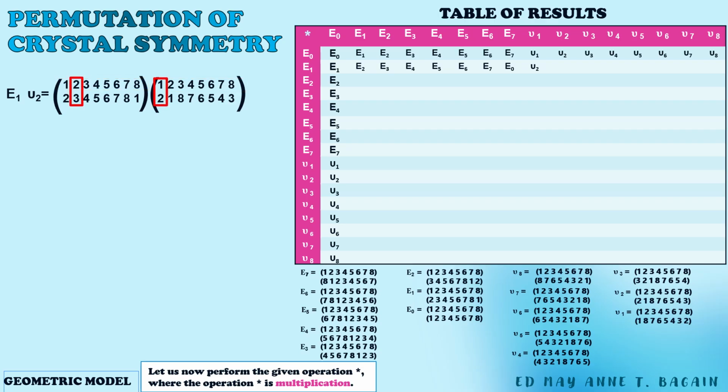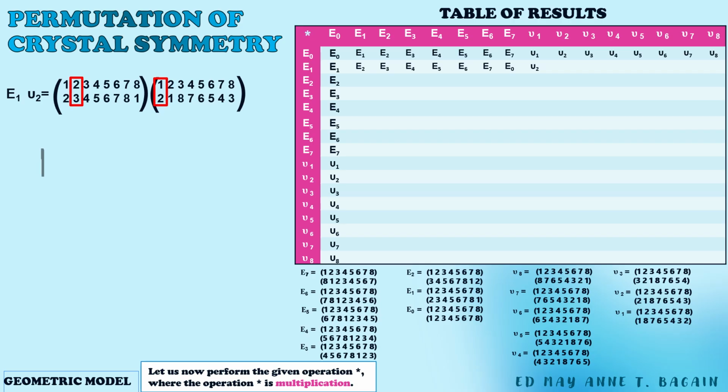Okay, so we are looking here at 1. So the new one is at the 2. So it's 3. Oops, what happened? So it's 2. Okay, I mean 3. It's 3.